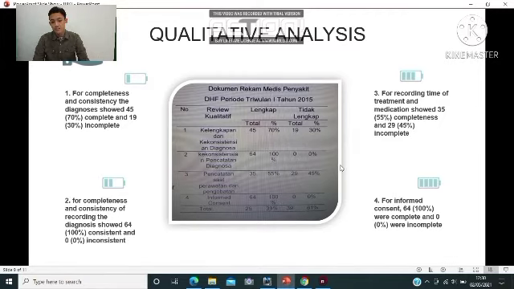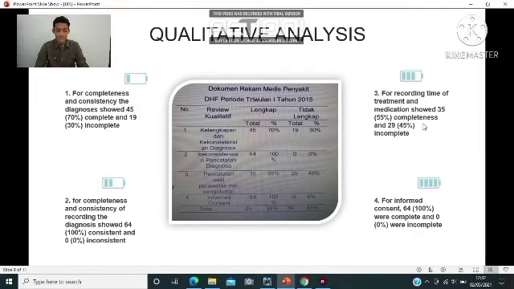Number three, for recording type of treatment and medication, 35, 50% complete, and 29, 45% incomplete. Number four, for informed consent, 64, 100% were complete, and 0% were incomplete.